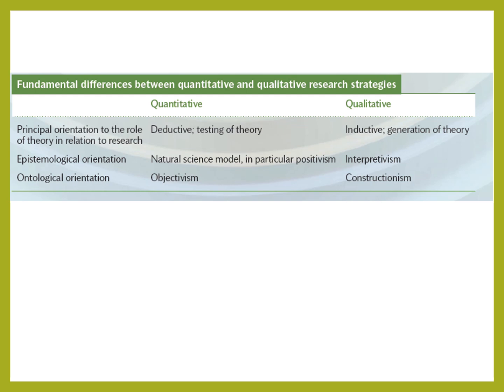By contrast, qualitative research can be construed as a research strategy that usually emphasizes words rather than quantification in the collection and analysis of data, and predominantly emphasizes an inductive approach to the relationship between theory and research, in which the emphasis is placed on the generation of theory.